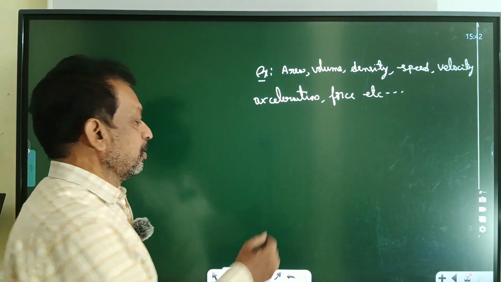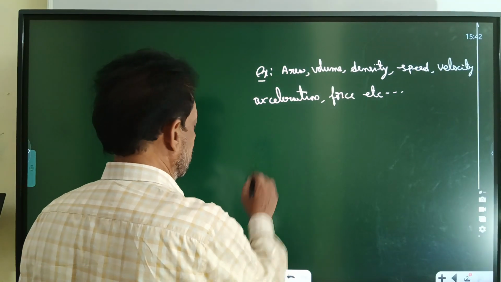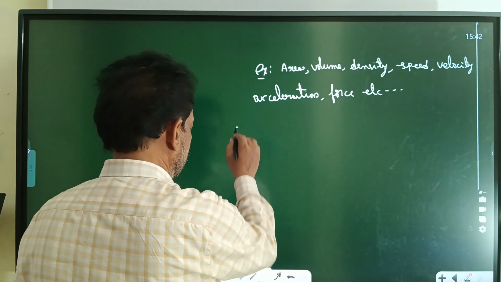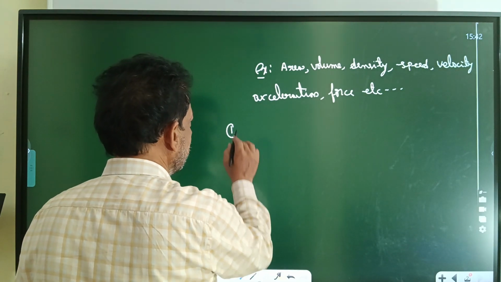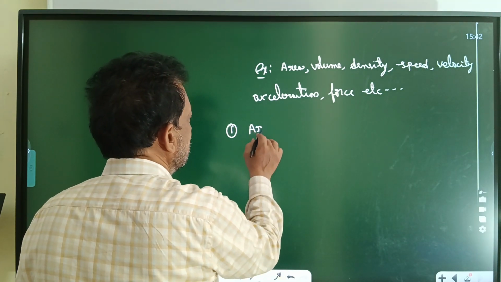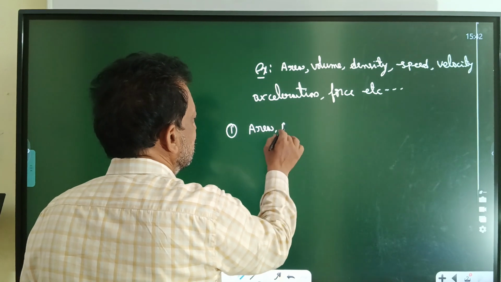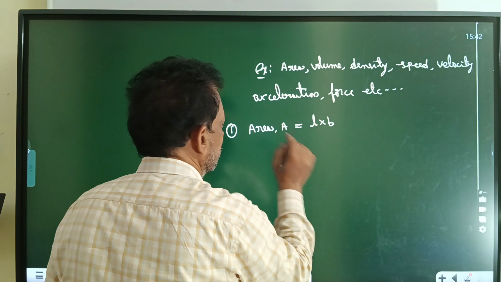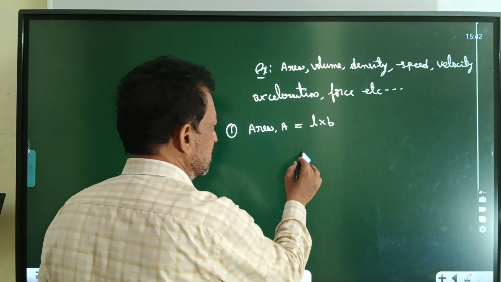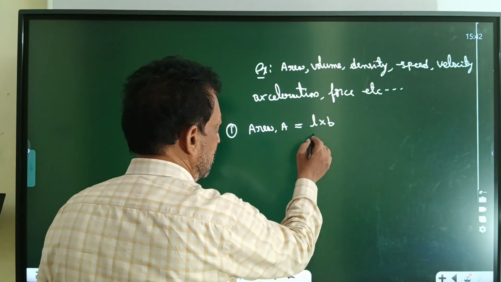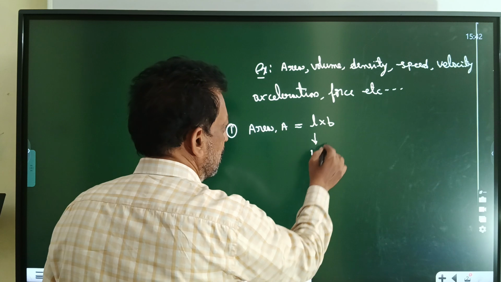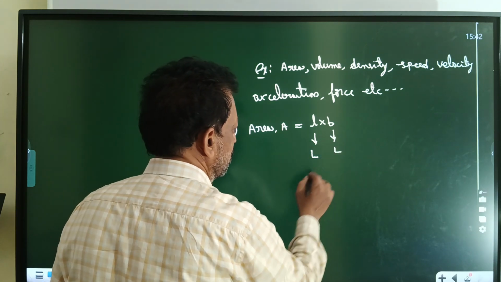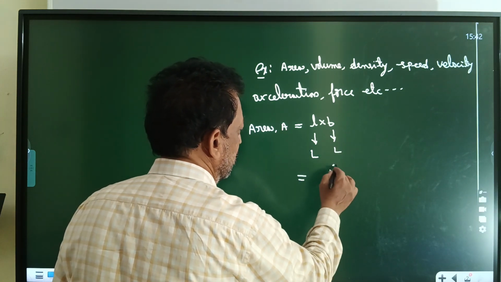Now we'll start with the first one, area. The basic formula is area equal to length into breadth. The dimensional formula of length, all of you know, is L only. Breadth also L only. So if you multiply, you get L square.